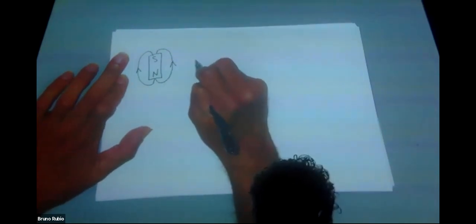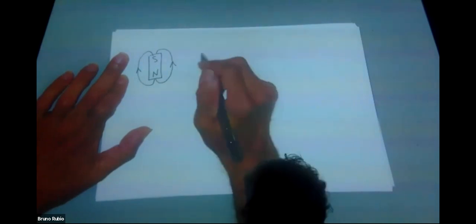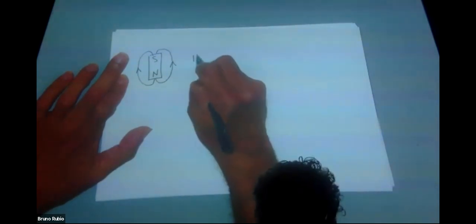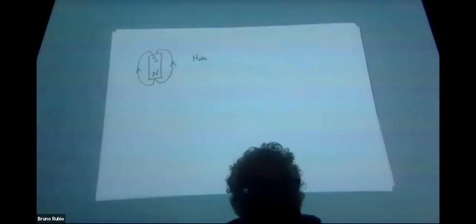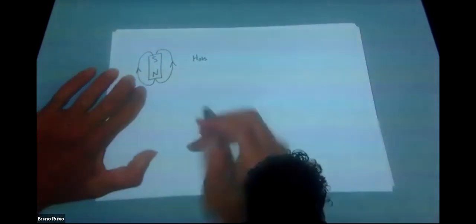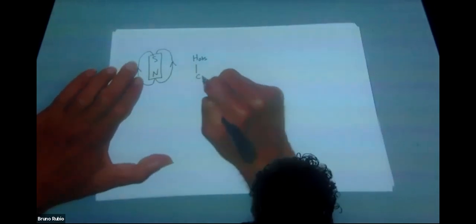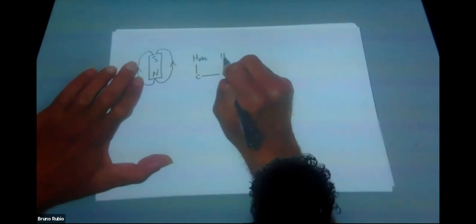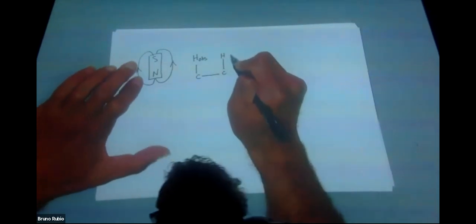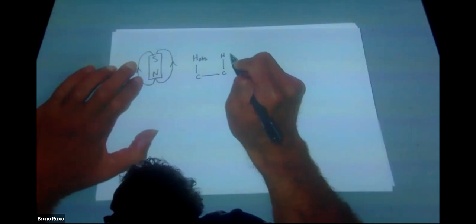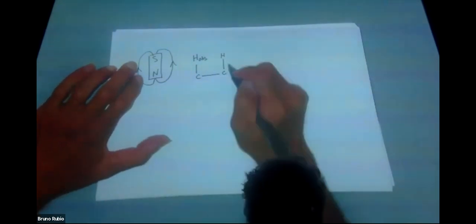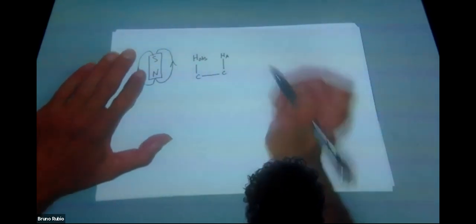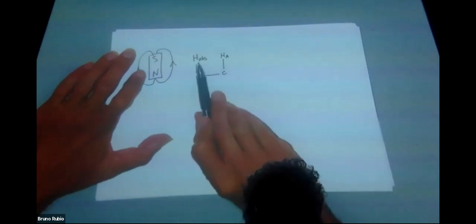So here we have a proton, and I'm going to call him the observed proton. So that's the proton whose splitting we're trying to understand, and I'm going to put him 3 bonds away from another proton that I'm just going to call HA, right?